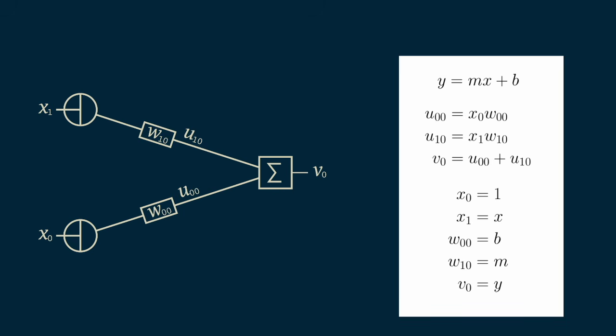At this point, we have turned a straight line equation into a network. A network is anything that has nodes connected by edges. In this case, x sub 0 and x sub 1 are our input nodes. v sub 0 is an output node, and our weights connecting them are edges.